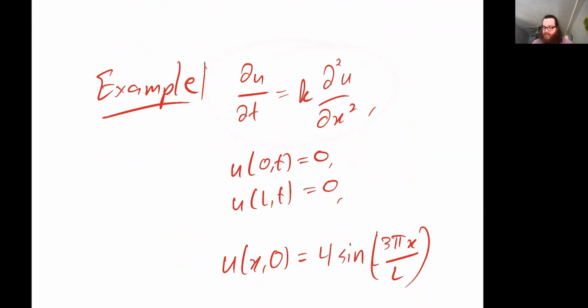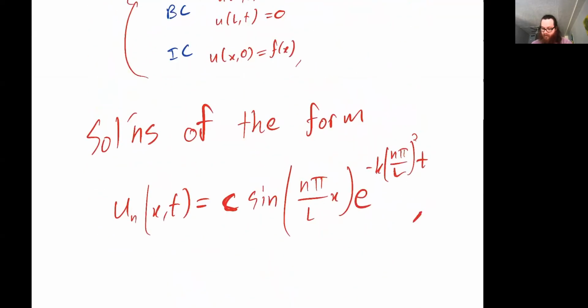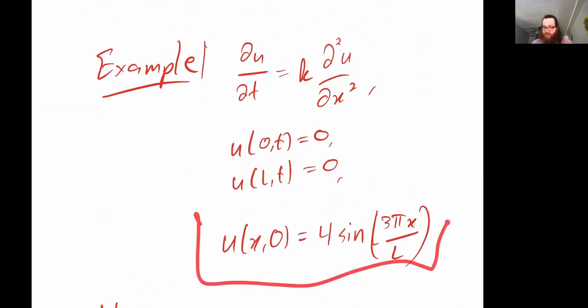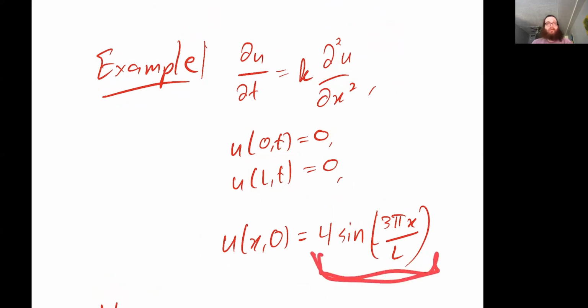here's a PDE, here's the boundary conditions. These tell us that the solutions are going to take the special form of sine times exponential. And so now we're given an explicit initial condition. We're saying we want to solve this problem, and we want the initial temperature profile to be this.